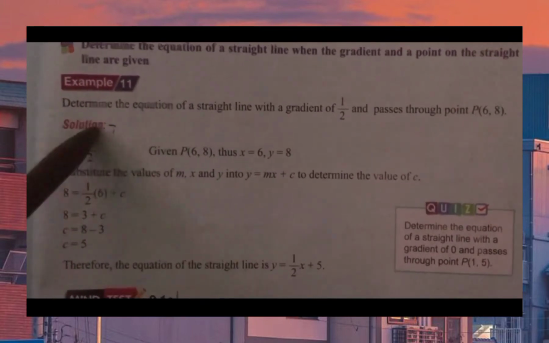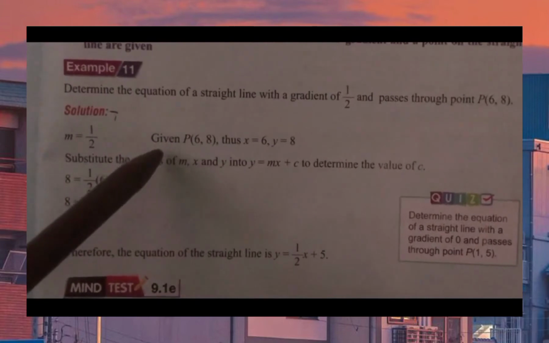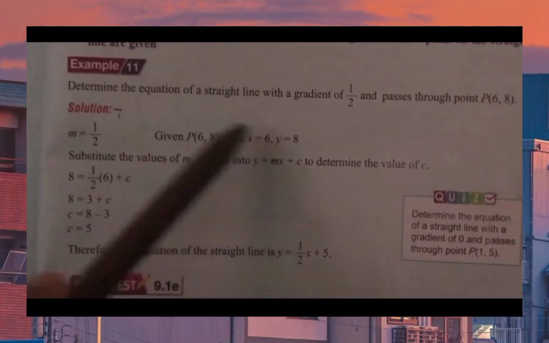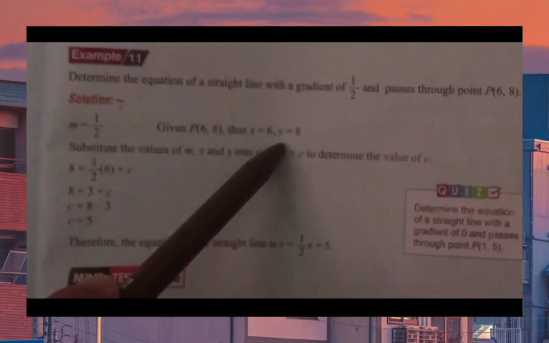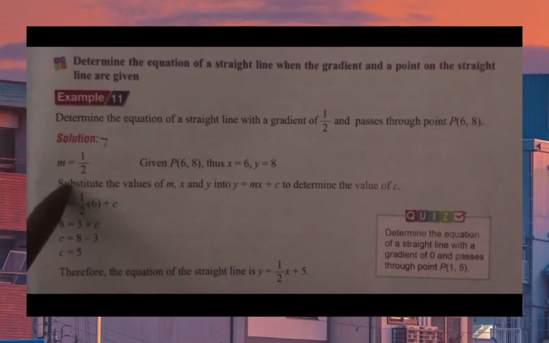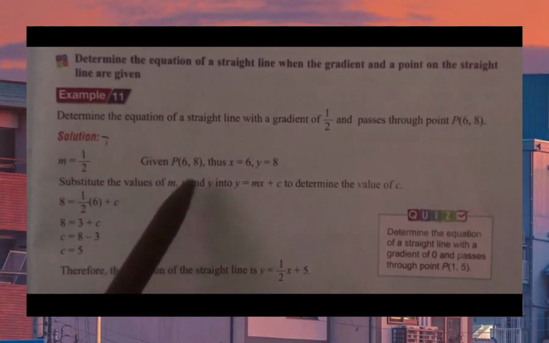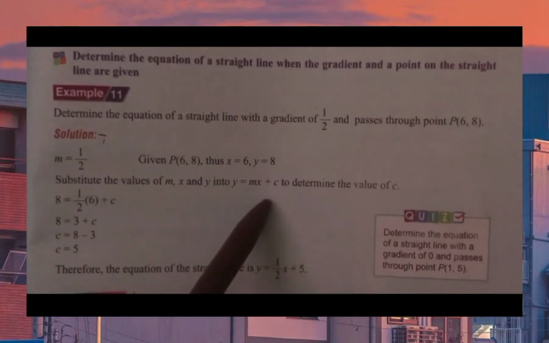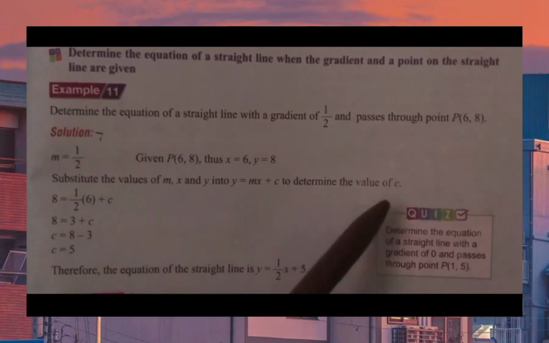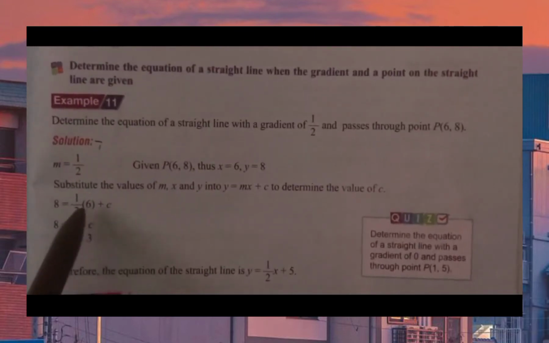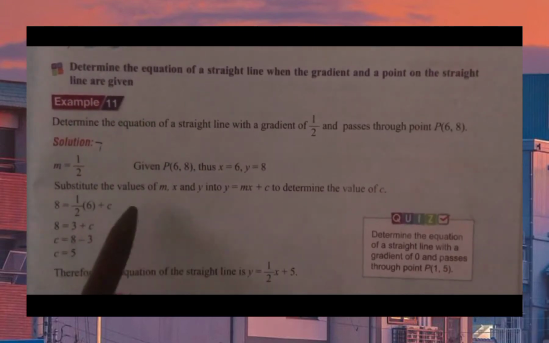m = 1/2. 1/2 is the gradient and given P(6, 8), thus x is 6 and y = 8. That is the given. Then we have to substitute the values of m, x and y into y = mx + c to determine the value of c. 8 = 1/2 times 6 + c.